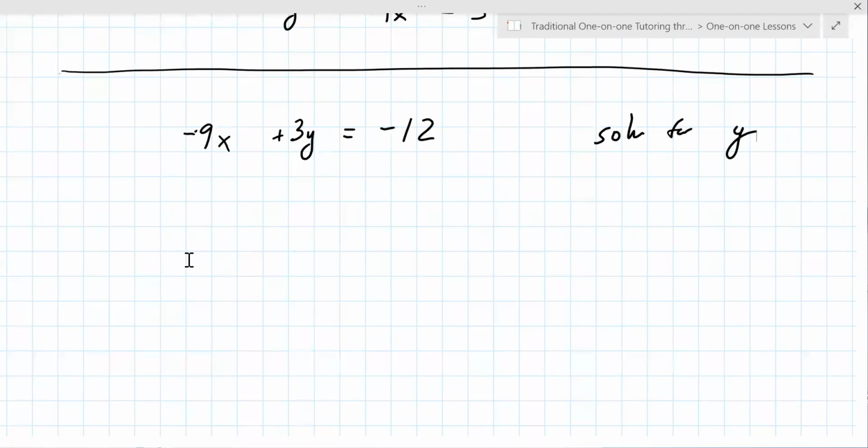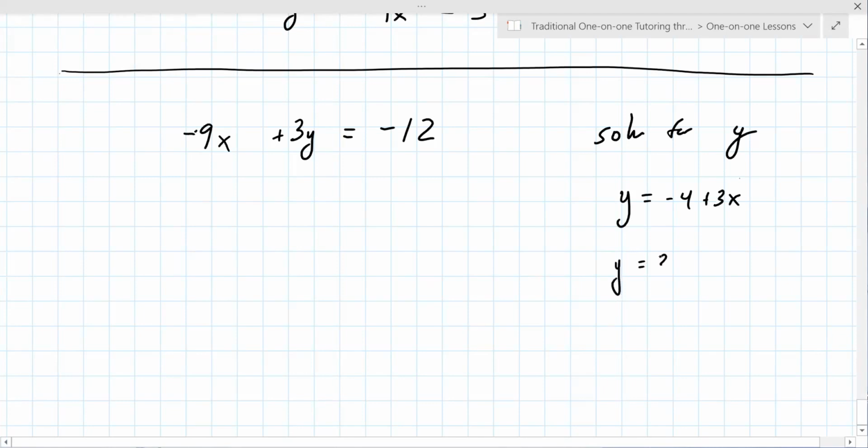Okay. I think it's y equals -4 plus 3x. Y equals -4 plus 3x like this. Is that right, Craig? Yeah.